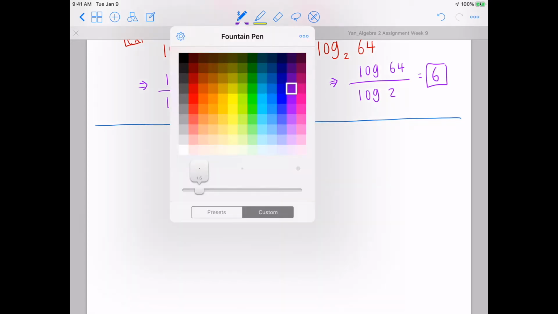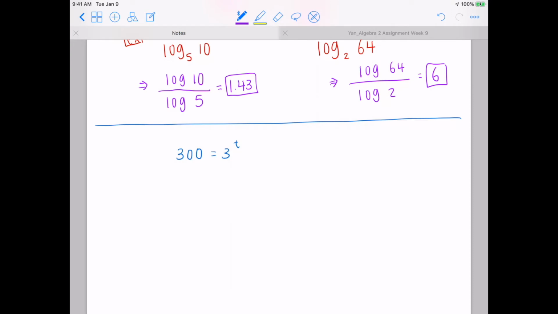If I have to convert this in a way that I can solve for t, I'm going to start off with writing log base 3 of 300 equals t. So now t is on its own side, and I can convert my log into log 300 over log 3, and that's going to be my answer.